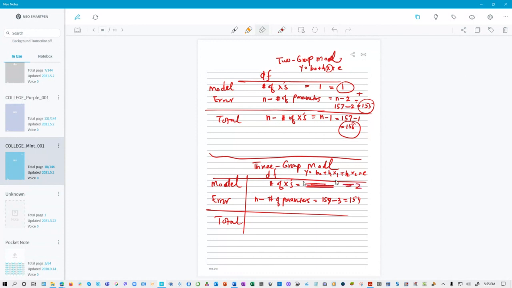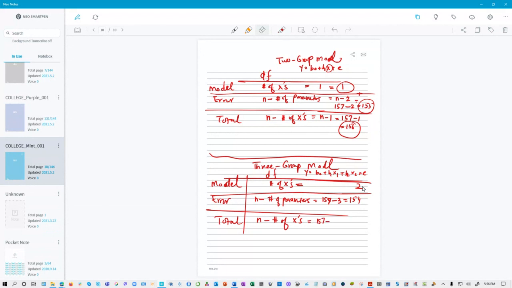Then for this one, number of parameters, 157 minus this one. Total is nothing but n minus number of x.